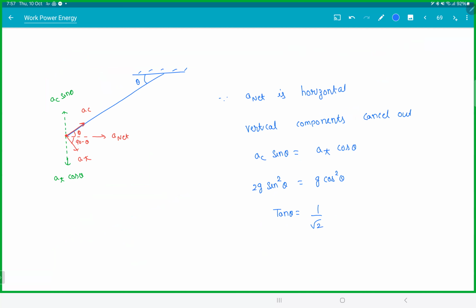Check. Clear with this? You're seeing now how questions are: literally everything is popping up. Energy, forces, tension, circular motion, everything is coming. Any doubts on this?